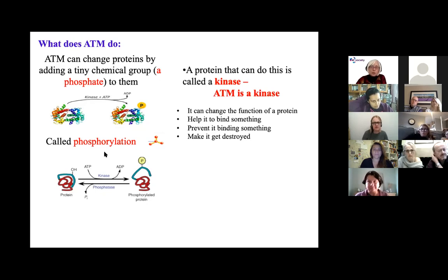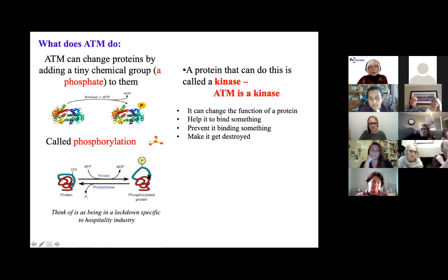This slide was a bit exaggerated, but it shows how this little phosphate group can change how the protein folds, mainly because it can affect size or charge. That little change in structure can alter the way the whole protein functions. It may help it bind something, may stop it binding something, or it may even make it get destroyed, because there are proteins in the cell that recognize certain shapes and destroy them.